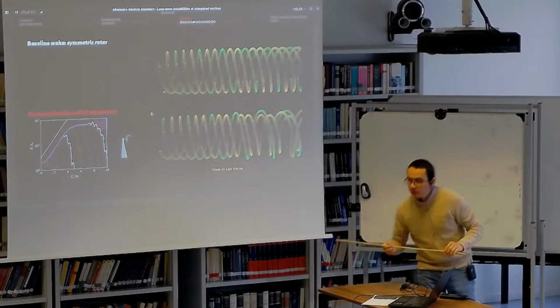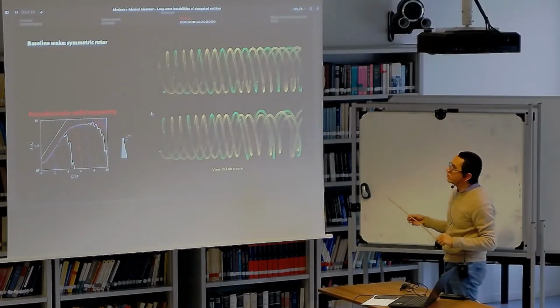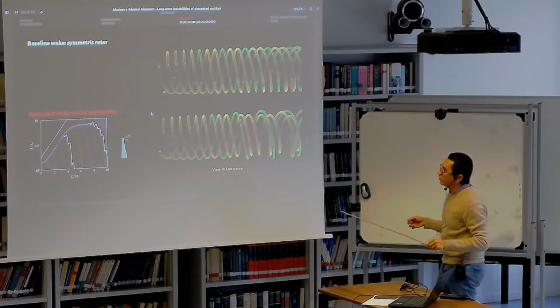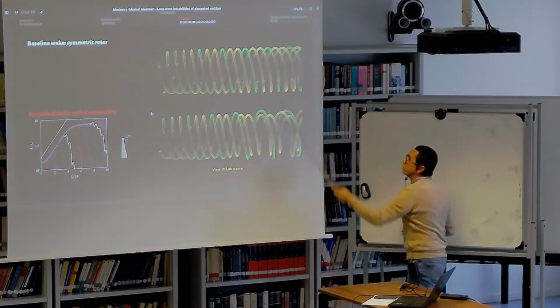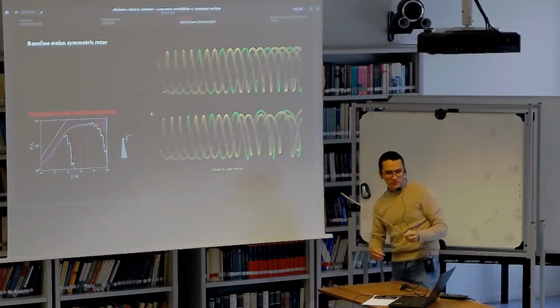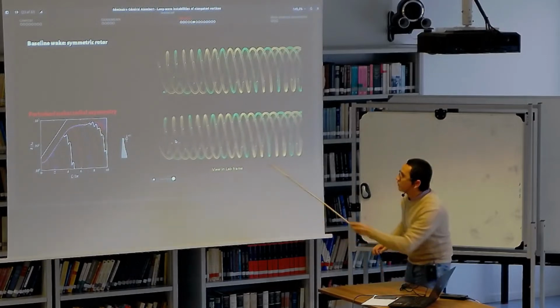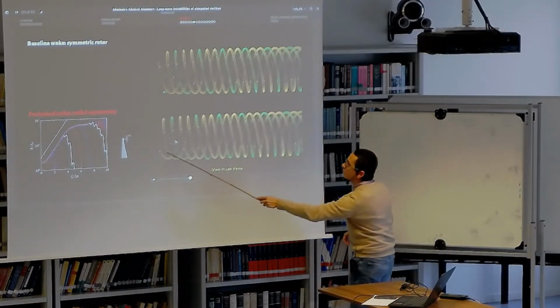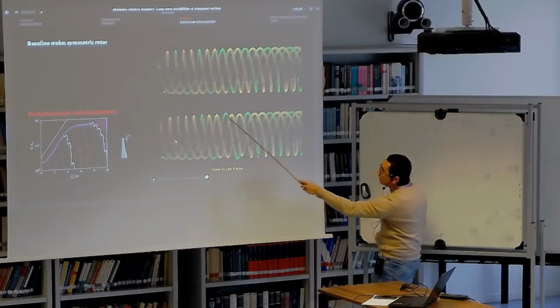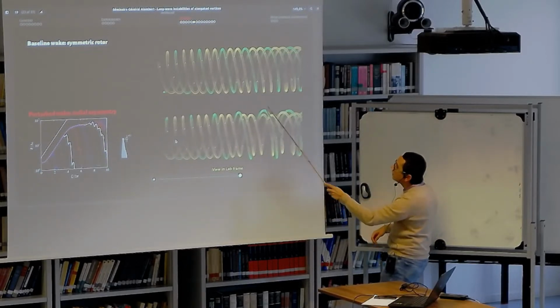Now we are going to see what happens when we introduce an asymmetry. So we're going to take this configuration, we introduce radial asymmetry, and we're going to see how this propagates back. All right, so we start with the baseline configuration. Here you start to see propagation instability.